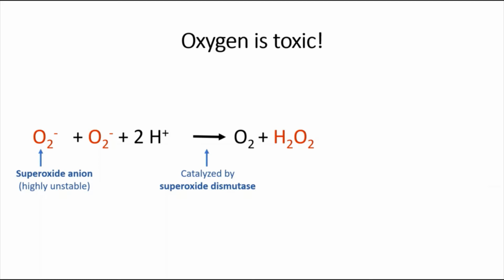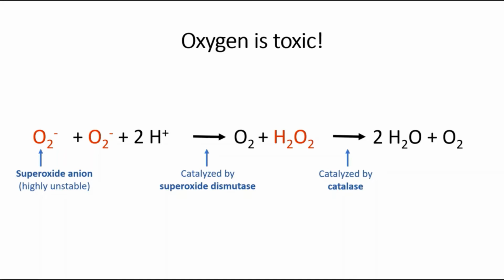Now we've still got a problem here because hydrogen peroxide is also toxic to living organisms, and therefore a second enzyme called catalase is needed in this process, which breaks down the hydrogen peroxide into harmless water and more oxygen.